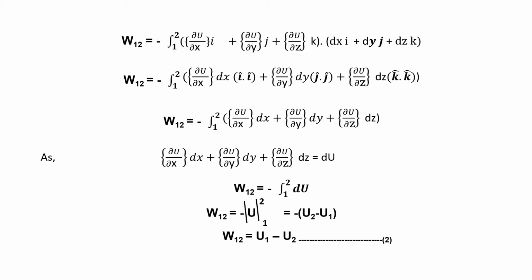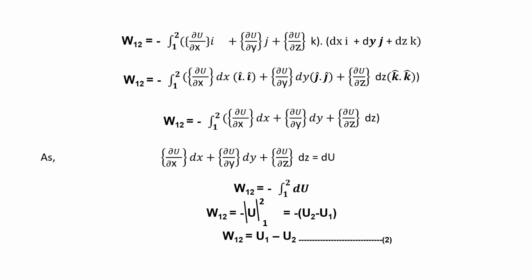Substituting this value in the above equation, we get W12 is equal to minus integral of 1 to 2 dU, and integrating this we get W12 is equal to minus U with the limits 1 to 2, which is minus into U2 minus U1. Multiplying the minus sign inside we get W12 is equal to U1 minus U2, that is equation 2.